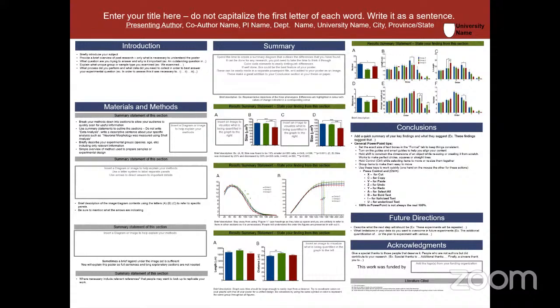So this is called the e-poster or virtual poster. Now the virtual poster you can present through PowerPoint or by Canva. As you like, PowerPoint is better. If you can use PowerPoint, that is more convenient.